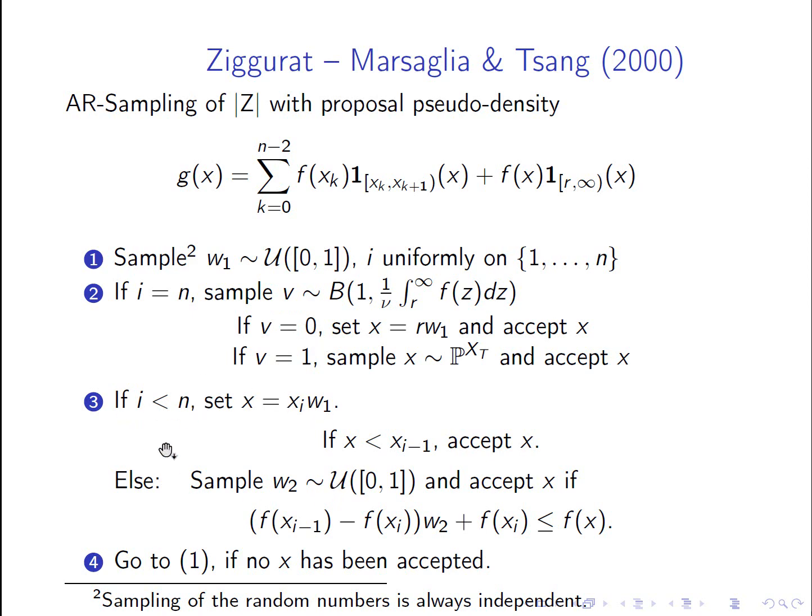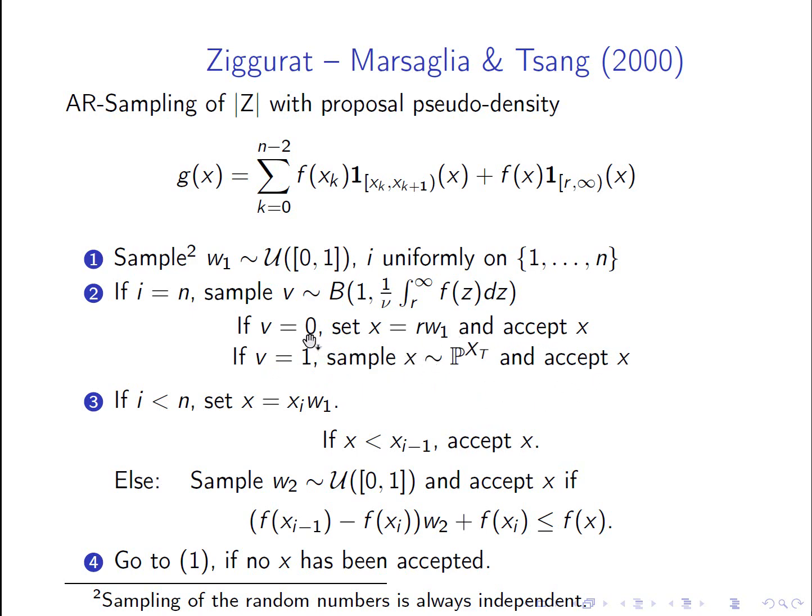If I is less than n, then everything proceeds as I presented it to you. But for I equal to n, we need to decide whether we are in the tail or in the main part. And this is done by sampling from this Bernoulli random variable here, which has the right probability. So if v is equal to 1, then we are in the tail, and we are using the algorithm for sampling from the tail.